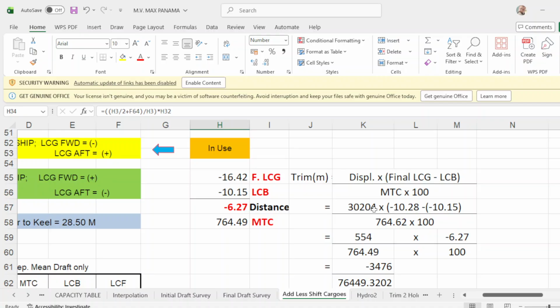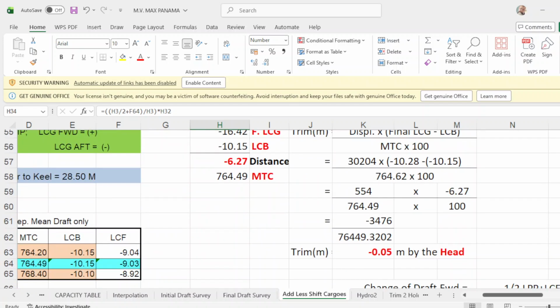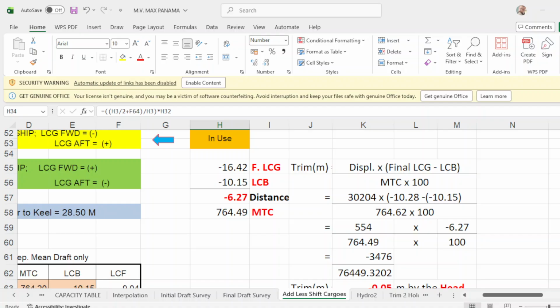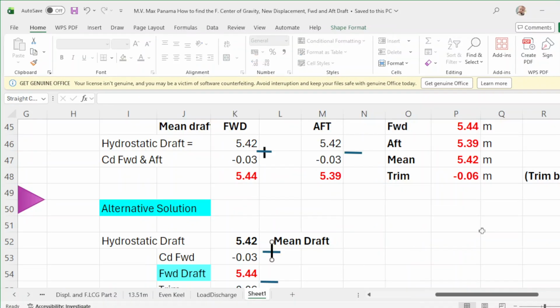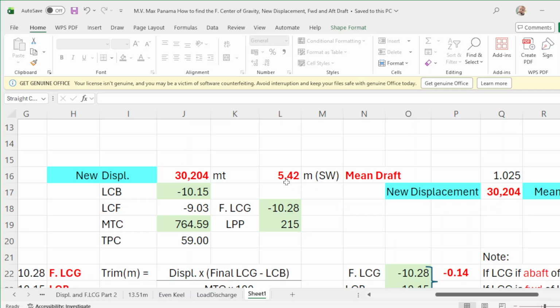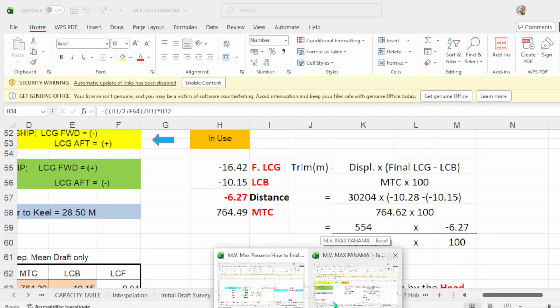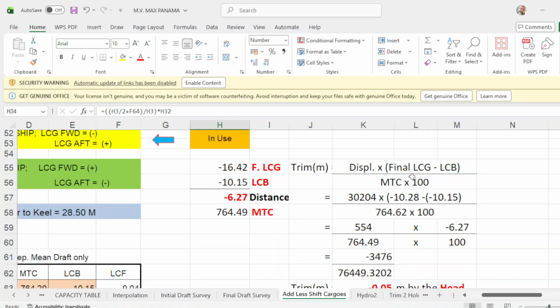Okay. Where did I get this 3024? Which is this one. It's the manual one, 3024. Okay. With a draft of 5.42. 3024 times your final LCG minus LCB.